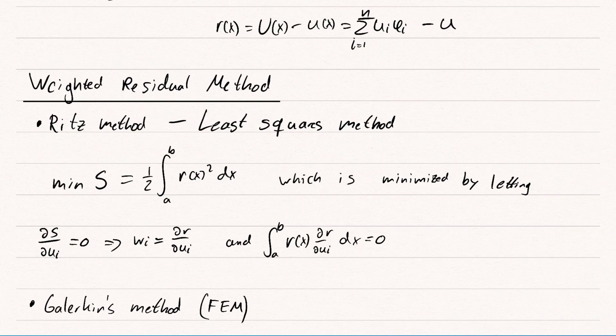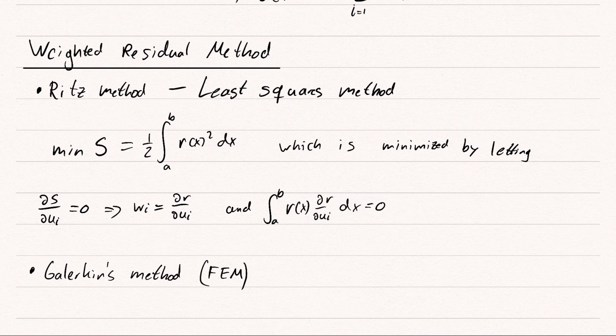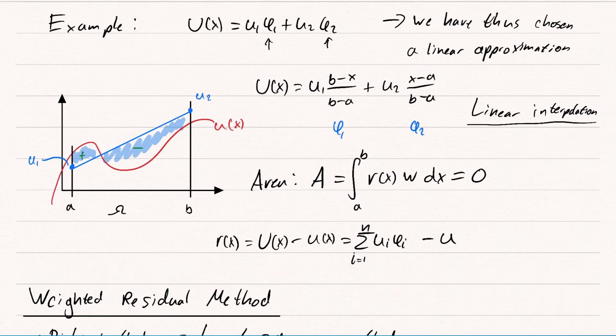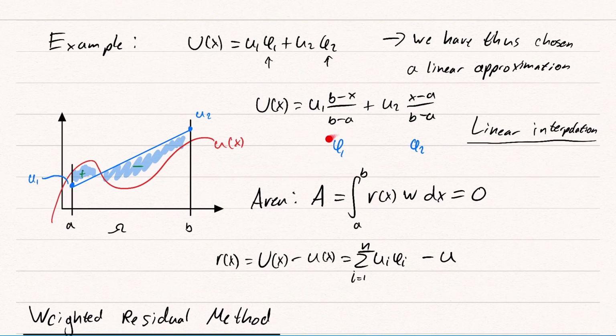So for that reason, Galerkin proposed, alright, let's use a different weight here. Instead of having a function r, which depends on the true solution, he proposed to use the actual basis functions here, because there's no dependency on the true solution anyway.